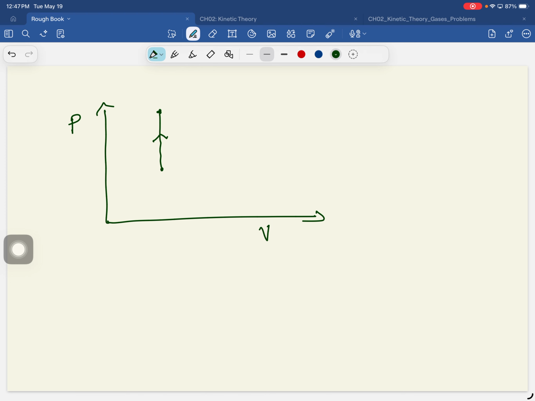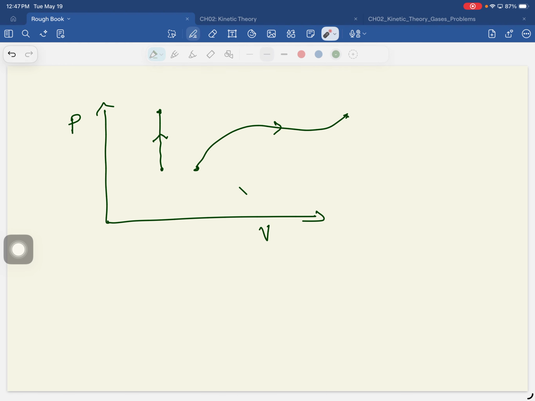So you had to add more heat in raising the temperature along this path than along this path. This is a constant pressure process. This is a constant volume process. So when you heated the gas along a constant pressure process, you had to add more heat.